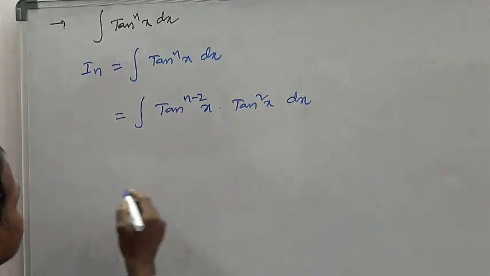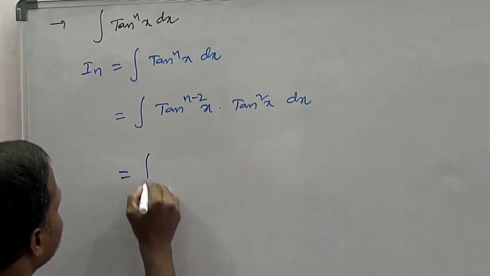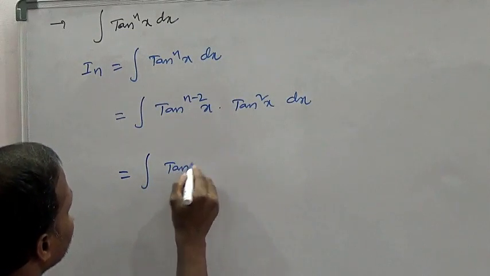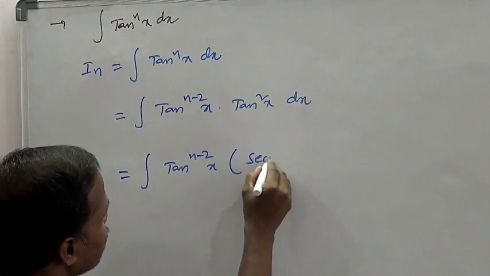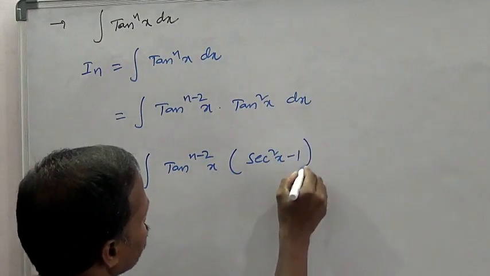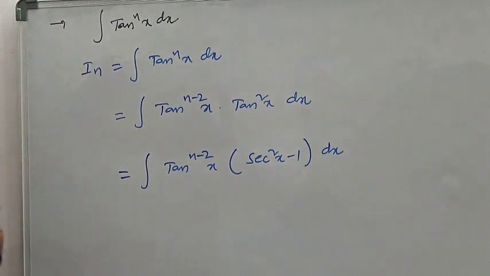Okay? So this is equal to integral tan power n minus 2 x, and tan square x can be written as secant square x minus 1, dx.